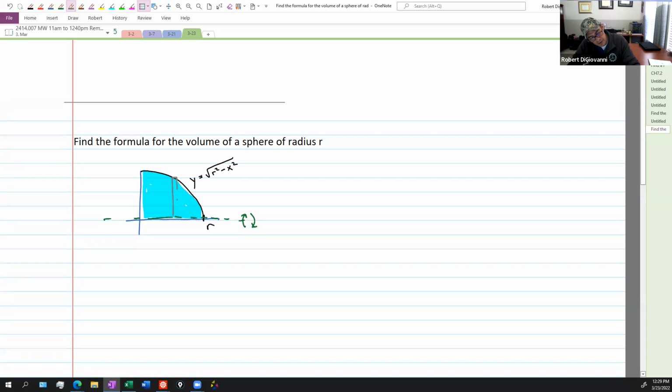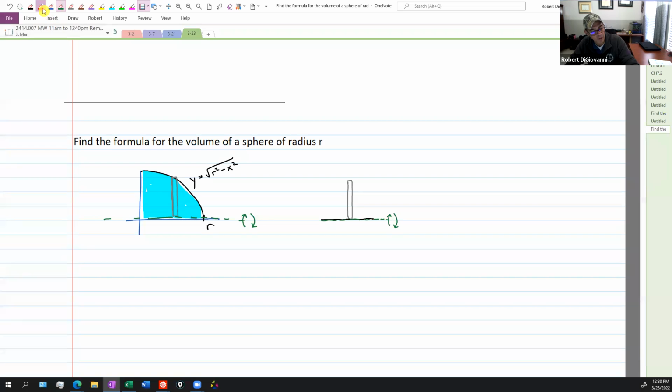My rectangle is like this. Notice that the bottom edge of the rectangle is always touching the x-axis, no matter where that rectangle is. That's a good thing, because when I draw my rectangle over here, the bottom edge is always touching the x-axis, which is actually the axis of rotation.